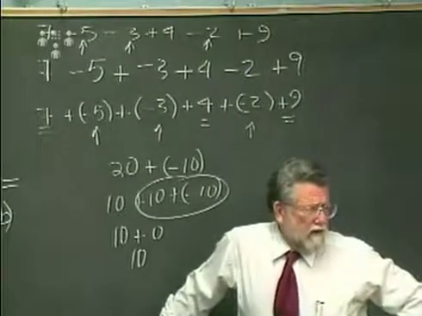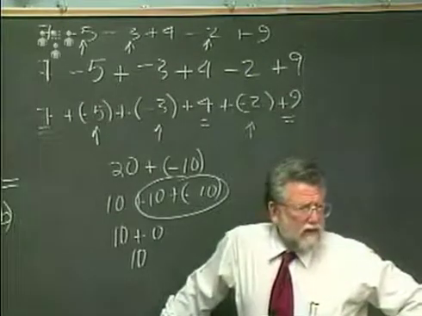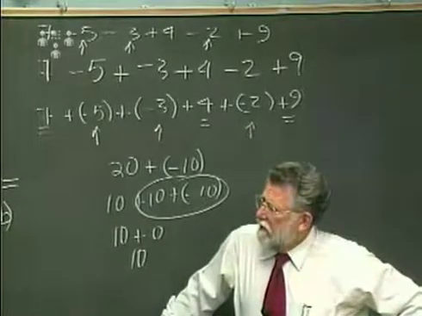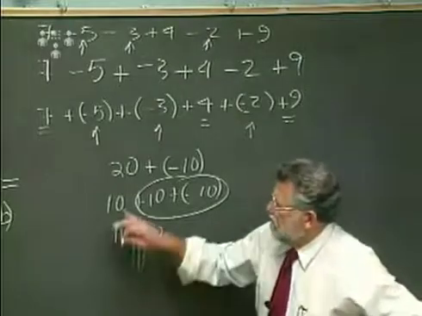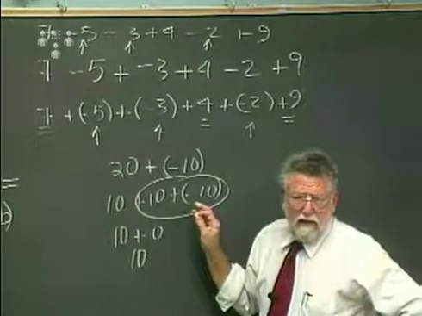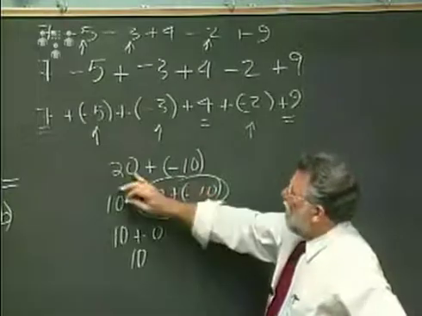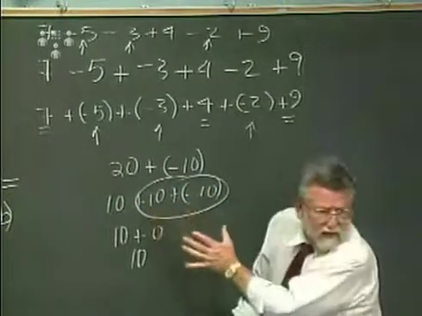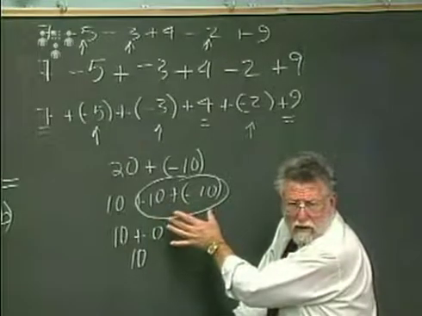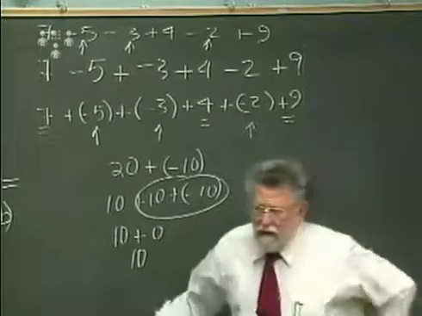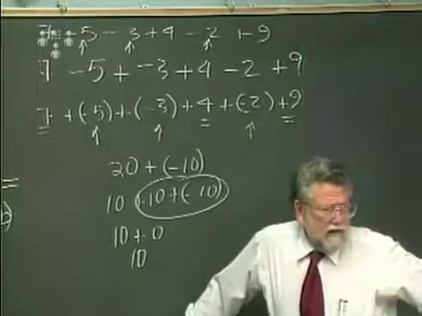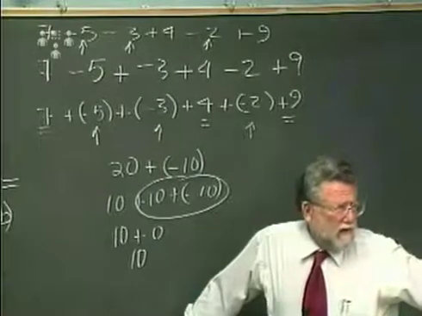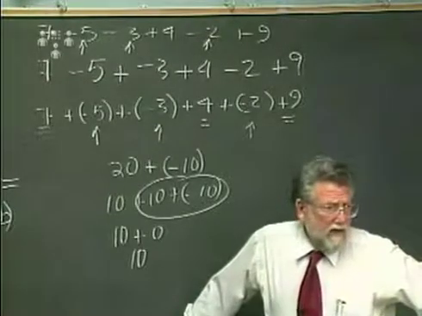If you've never worked with negative numbers, or it's always been a hassle for you, I would strongly recommend that you think in terms of a step like this, breaking up the 20 into a 10 plus 10 so it can offset with the inverse idea and get a 0 here. And all the times I've tried to present addition with integers, I've never found anything that works any better for me or for the students than this idea of the inverse.